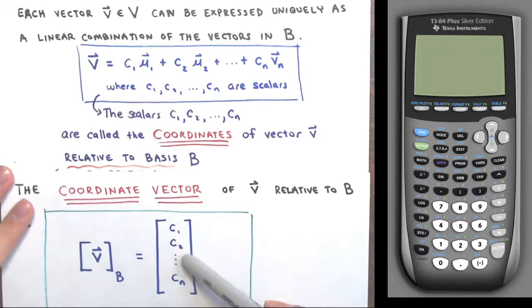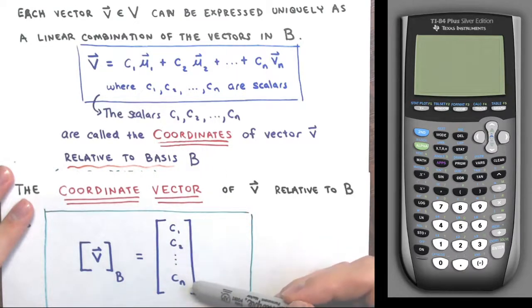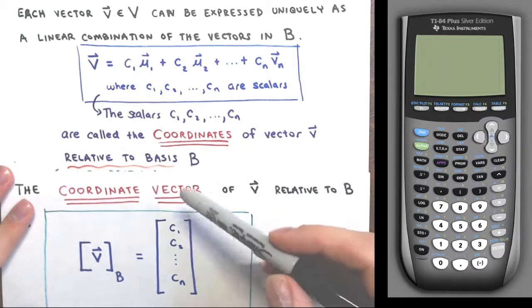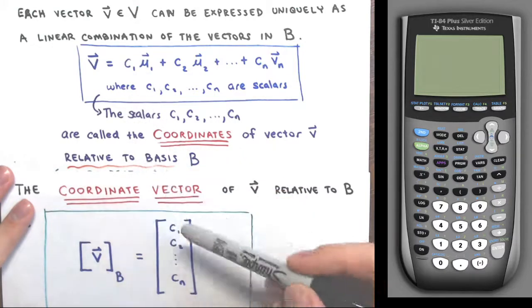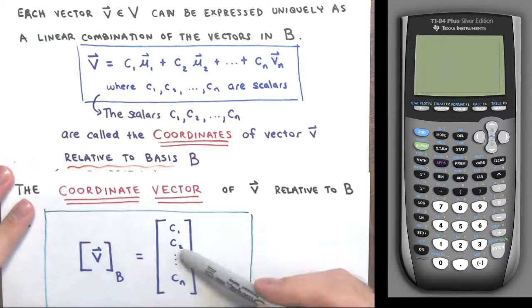And in this column go those scalars, the coordinates c1, c2, through cn, in the correct order. Make sure they're in the correct order. So the first scalar will correspond to u1, the second scalar will correspond to vector 2, u2, and so on.